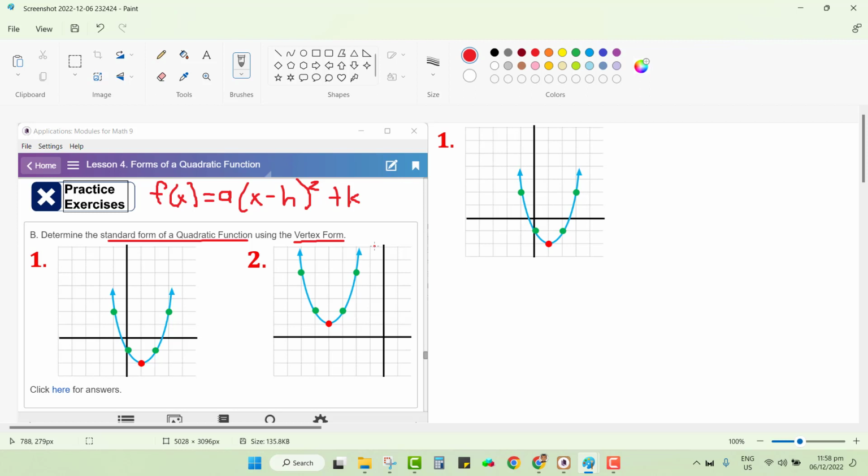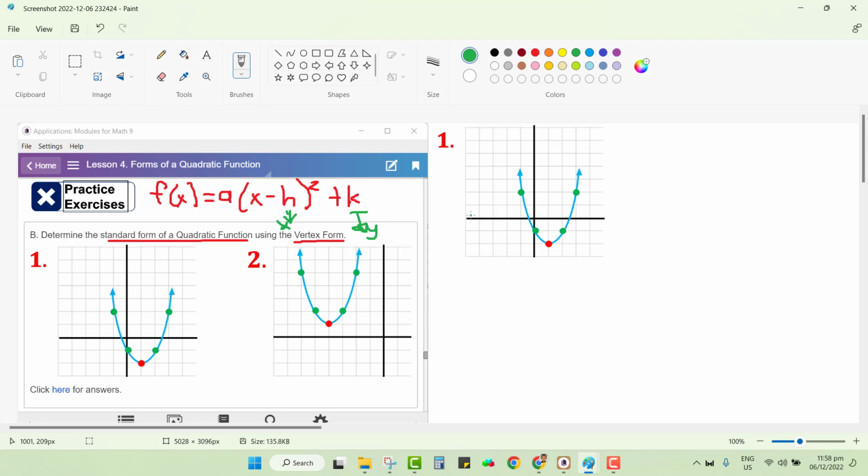So this is the vertex form of a quadratic function, and with this, we can still get the standard form once we substitute the values of a, h, and k. h is the x-coordinate of your vertex, and k is the y-coordinate of your vertex.